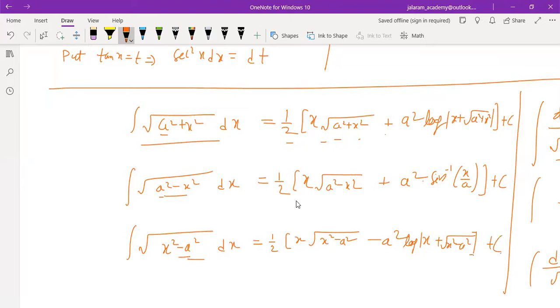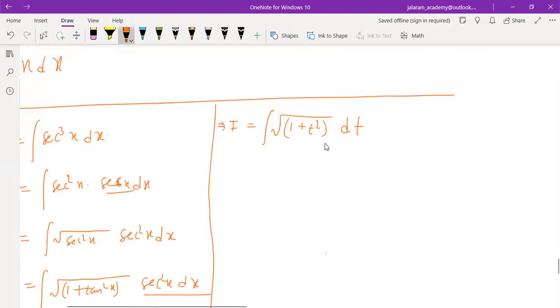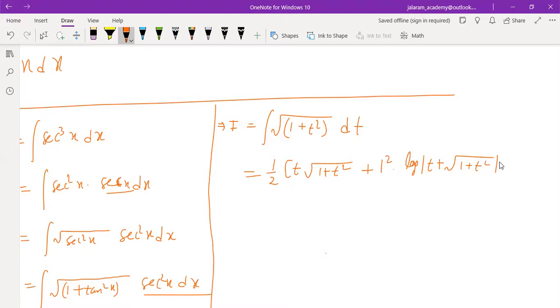So now we can solve the questions given in this. Like root 1 plus t square is there, so we write half x root a square plus x square plus a square into log x plus root a square plus x square plus c.